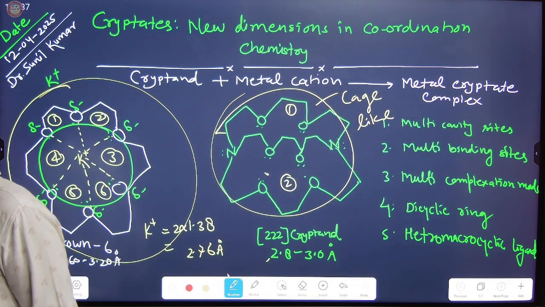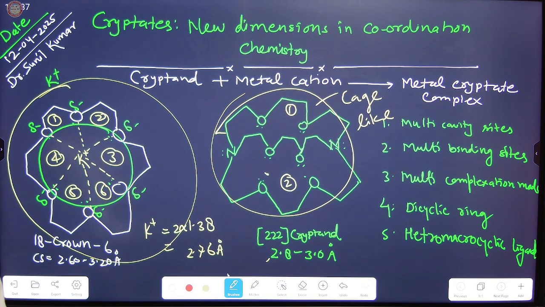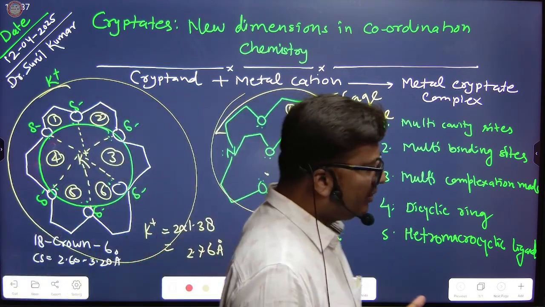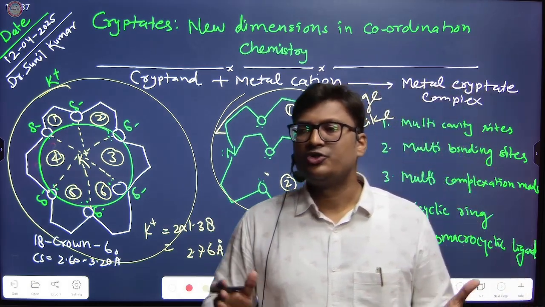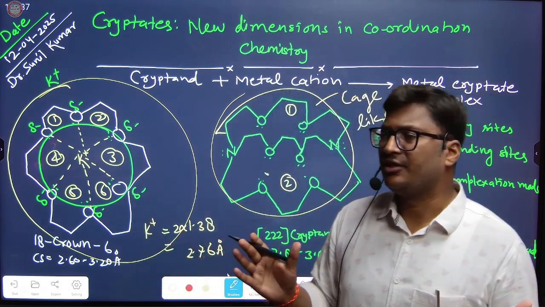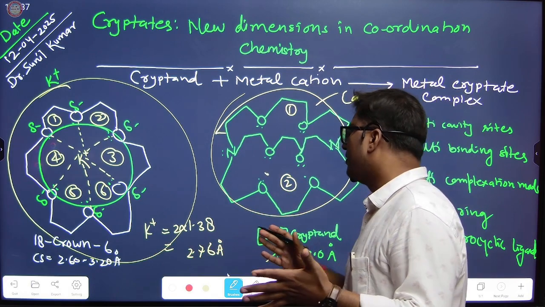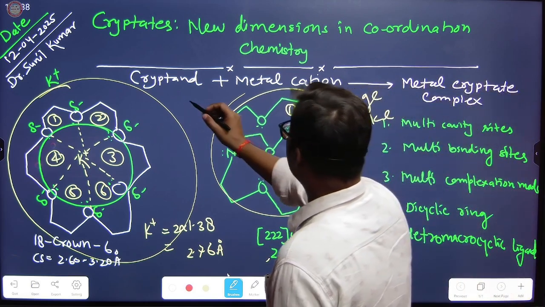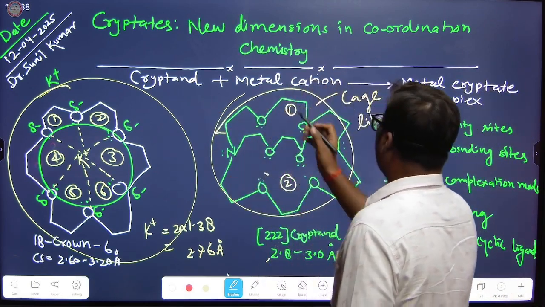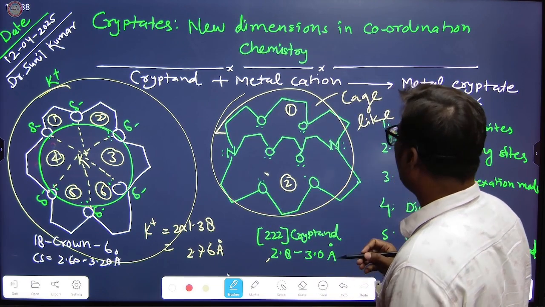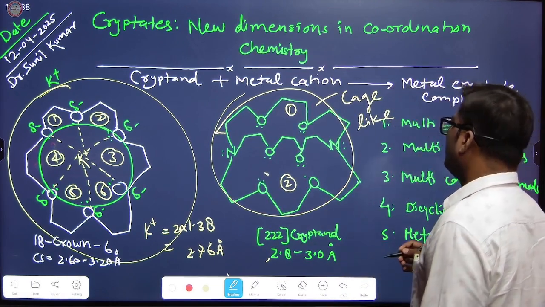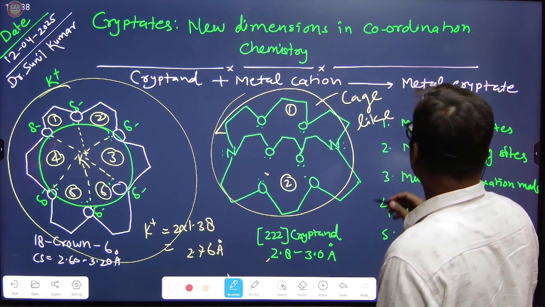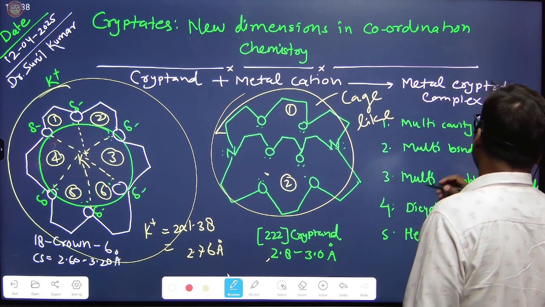So the larger the number of chelate rings in the structure, the greater will be the complexation behavior and the stability will be very high. If this cryptand reacts with a metal cation or with a salt of ionic compounds, it forms a metal cryptate complex.